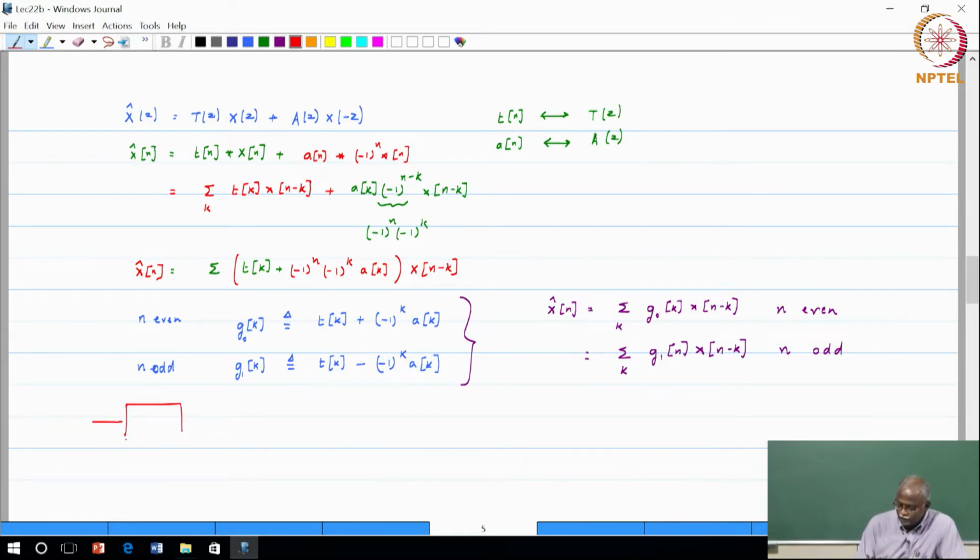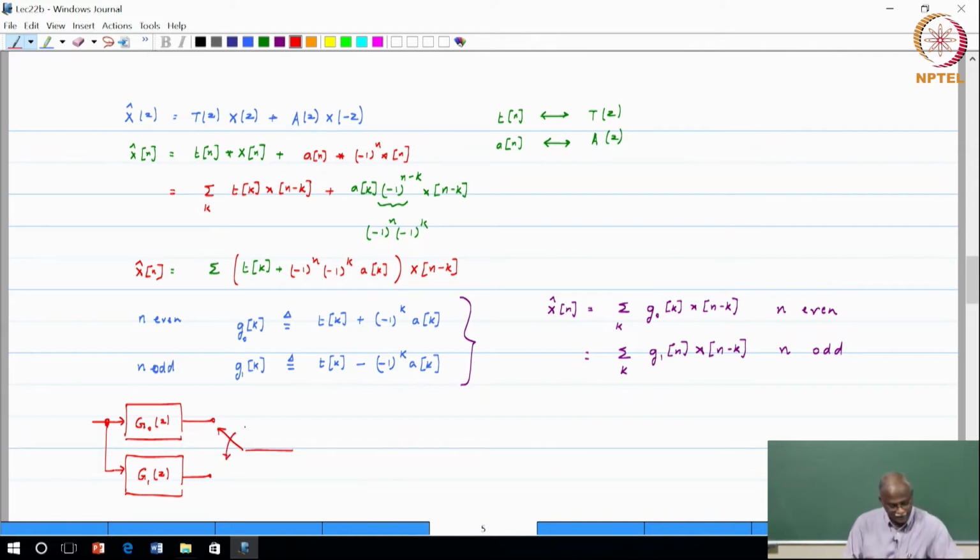I have two filters, g naught of z, which corresponds to the transfer function of g naught of n, and a second filter g1 of z, which corresponds to the g1 of n impulse response, both of them producing the output, and it is as if the output sequence goes back and forth.